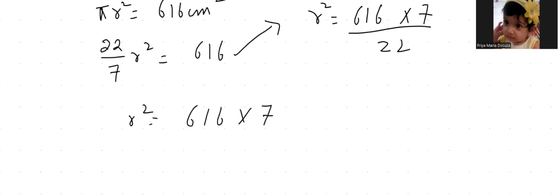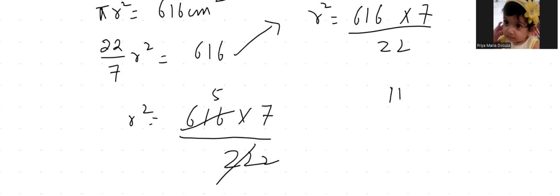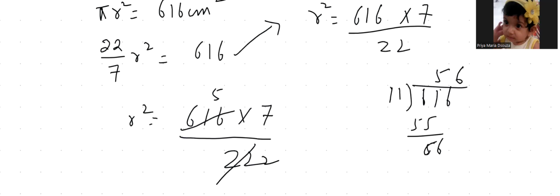If you test divisibility, you would know 11 2s are 22, 11 5s are 55, sorry, 11 6s are 66.